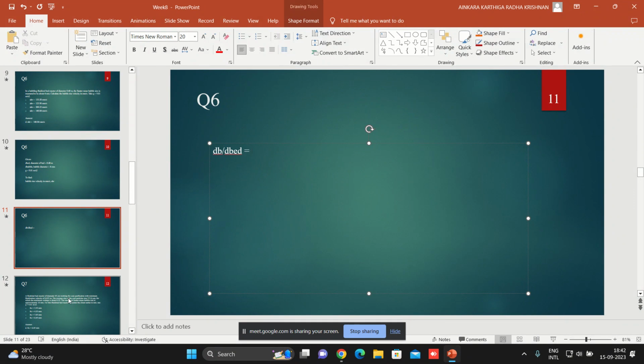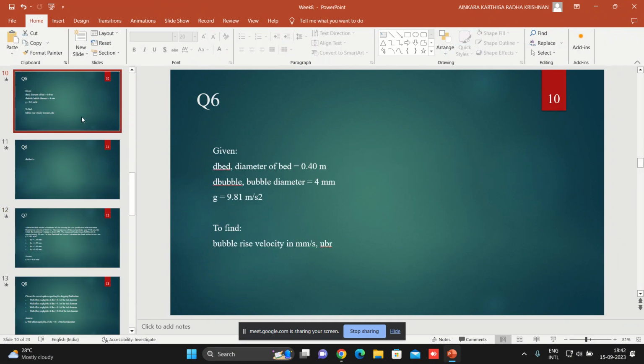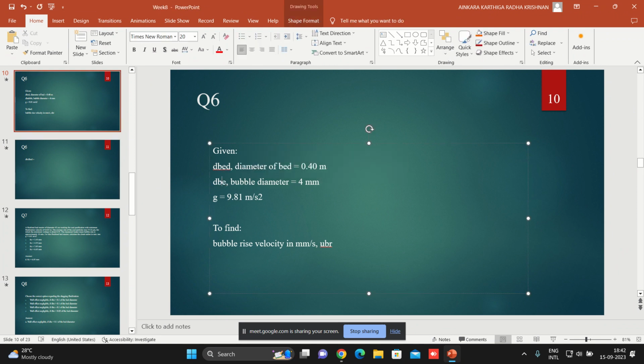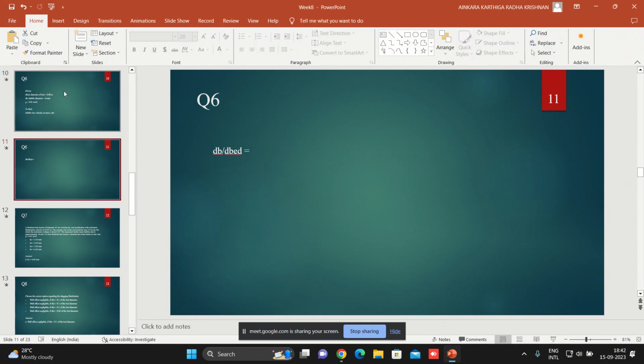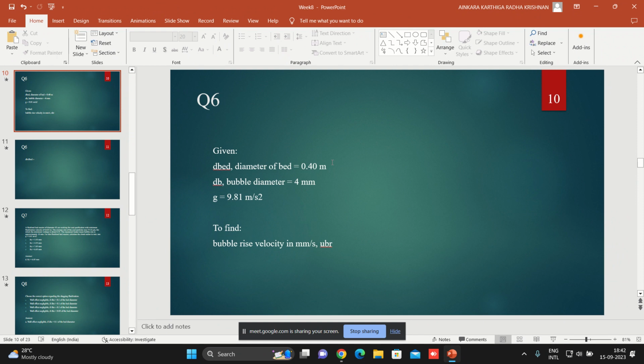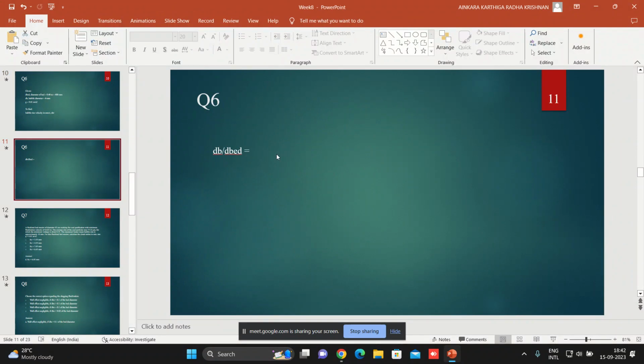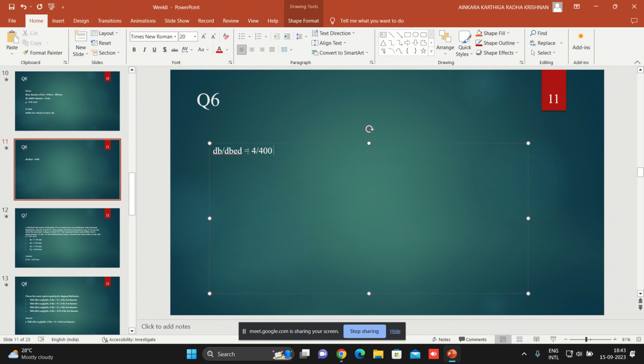It is 4 by 0.4 meter, that is 400 mm, so 4 by 400, which is equal to 0.01.